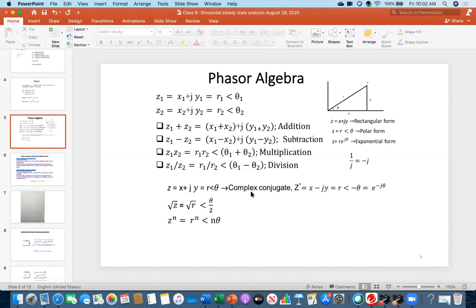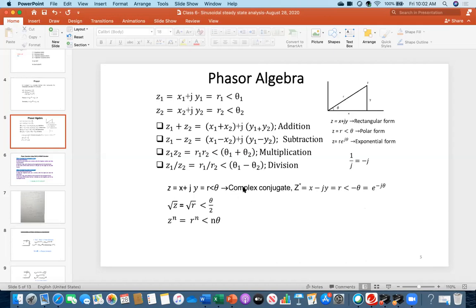The other thing is called the complex conjugate. Everybody knows, for example, Z equals x plus jy, or r at an angle of theta. Z star is called the complex conjugate. You just have to change the sign. It was x plus j here, it is x minus j; or it was r theta, now it is r at minus theta, or e to the power minus j theta.